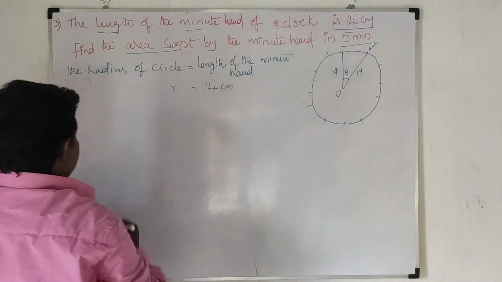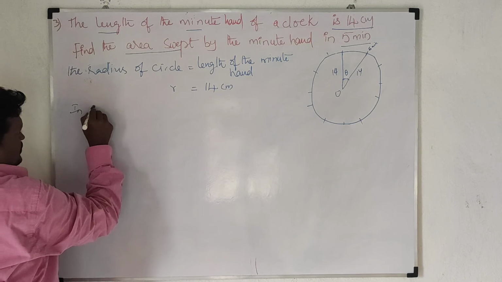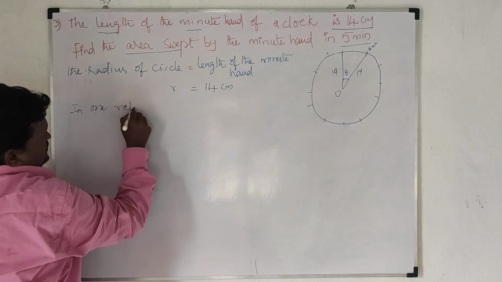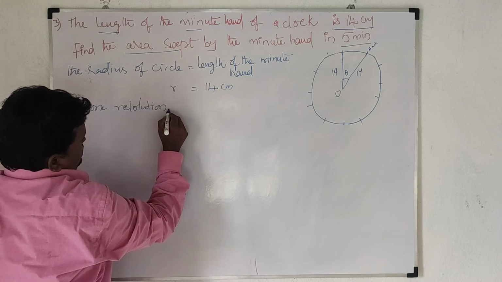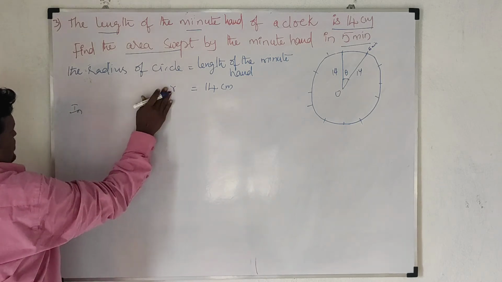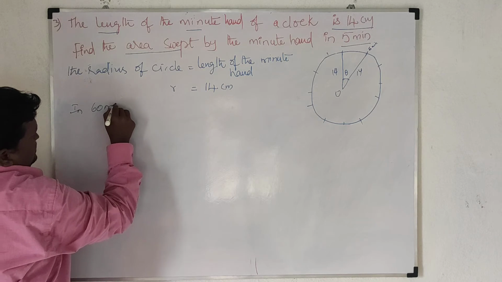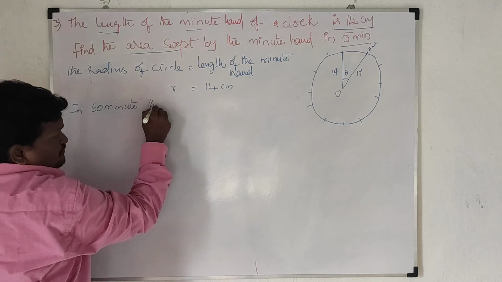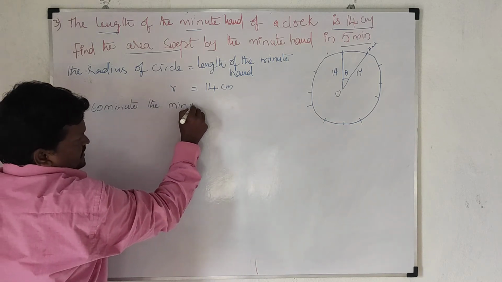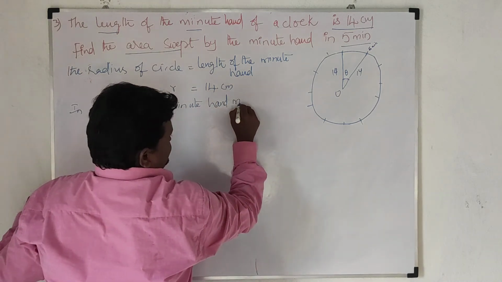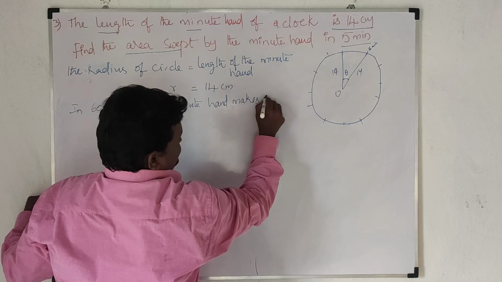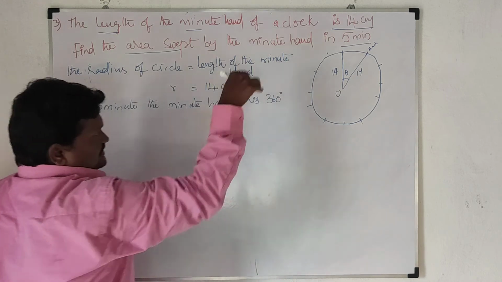But in one revolution, otherwise in 60 minutes, the minute hand makes 360 degrees. How much? 360 degrees.